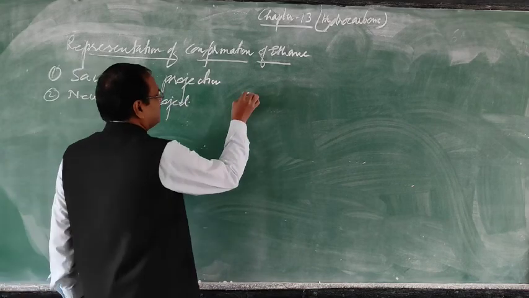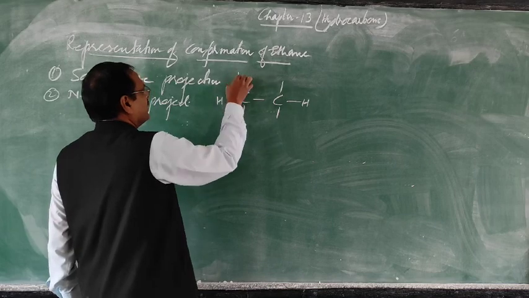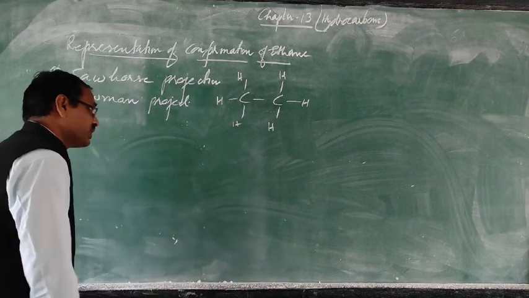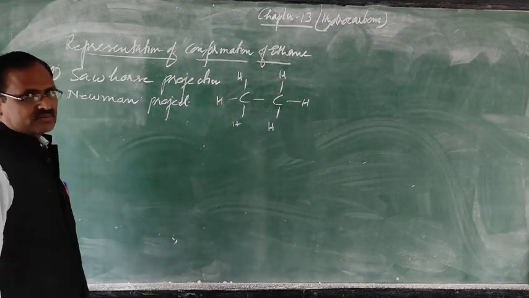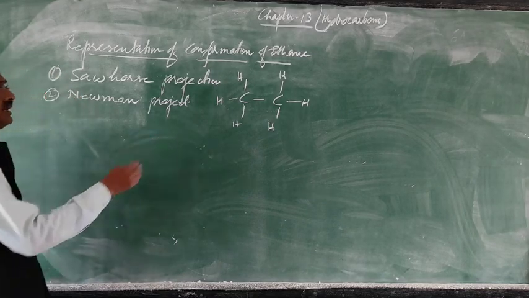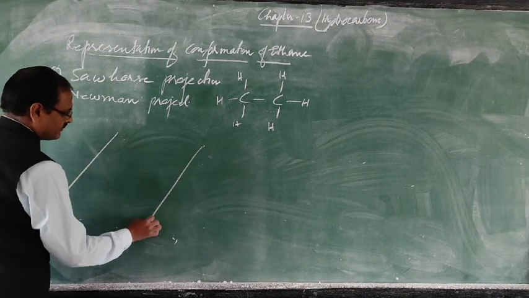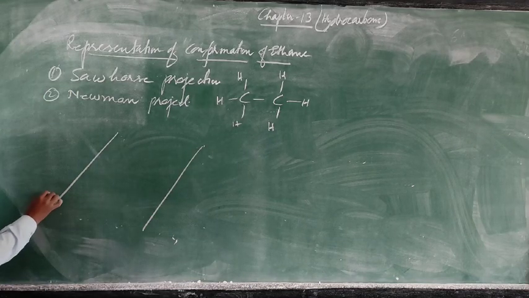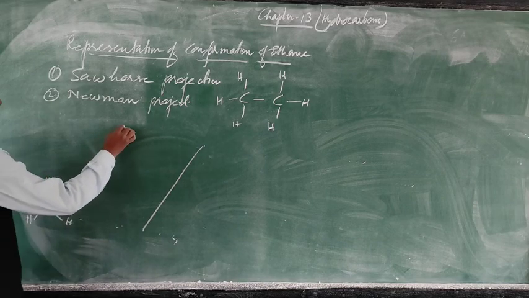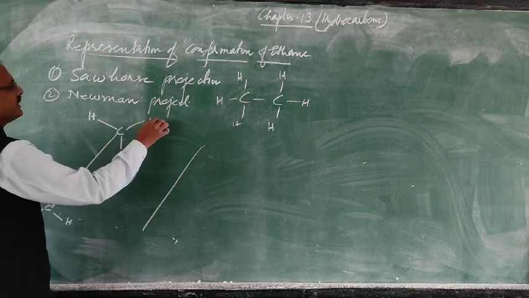Just you see, this ethane molecule is there. In the sawhorse projection, we see the molecule from an oblique angle. This carbon has 3 hydrogen atoms attached, and that carbon also has 3 hydrogen atoms attached.